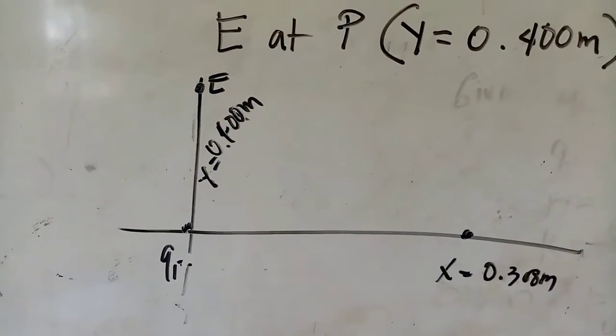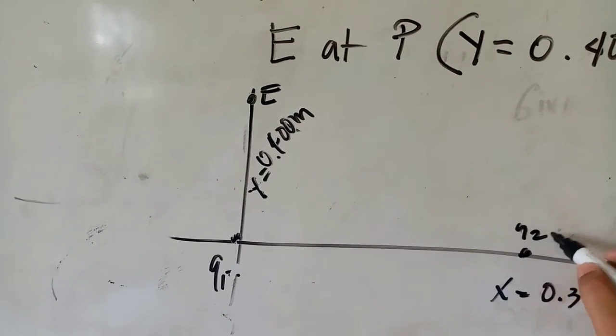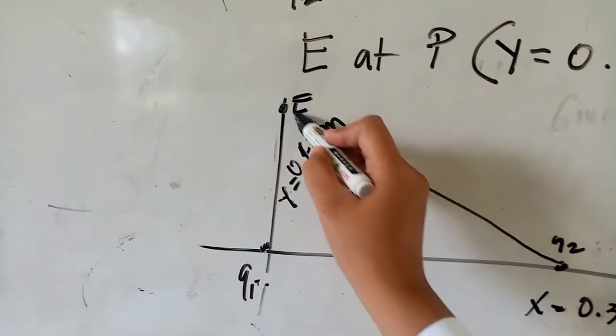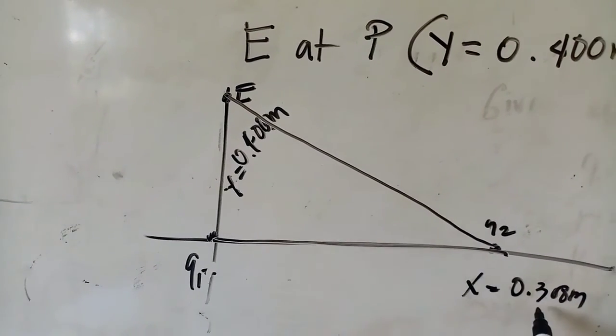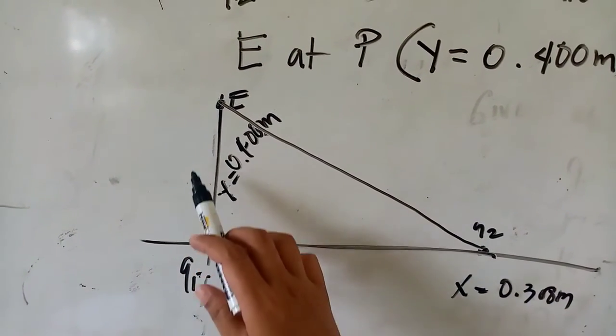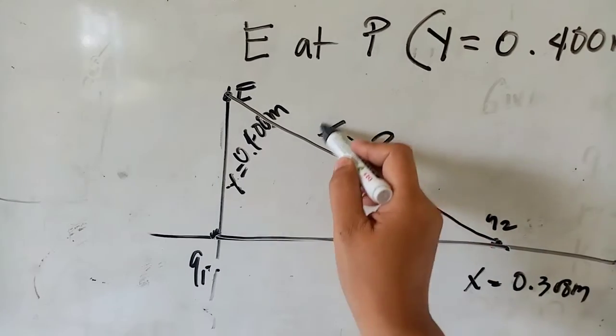Okay, to get the distance from the charge 2 onto the point P, we know that this distance is equal to 0.300 meters and this distance is equal to 0.400 meters. We are to get this one.